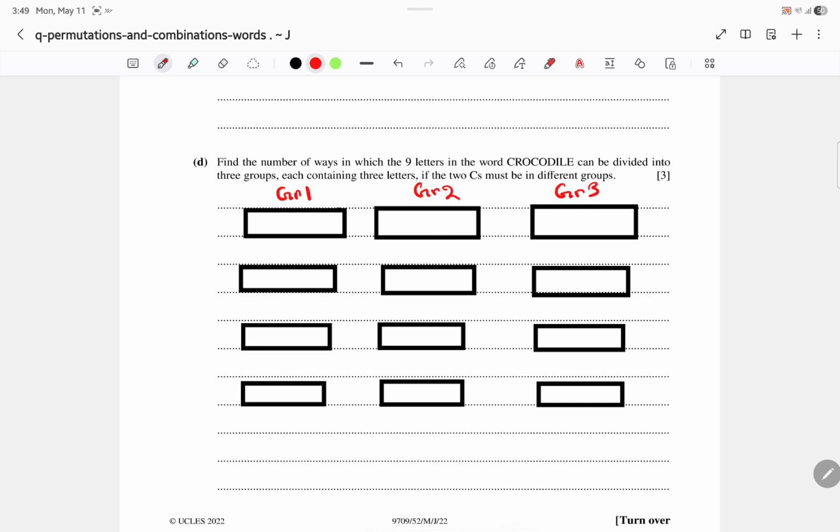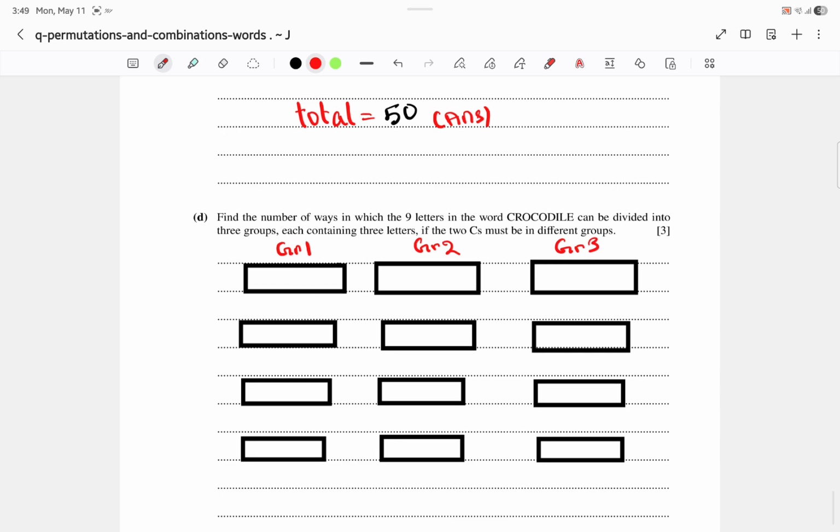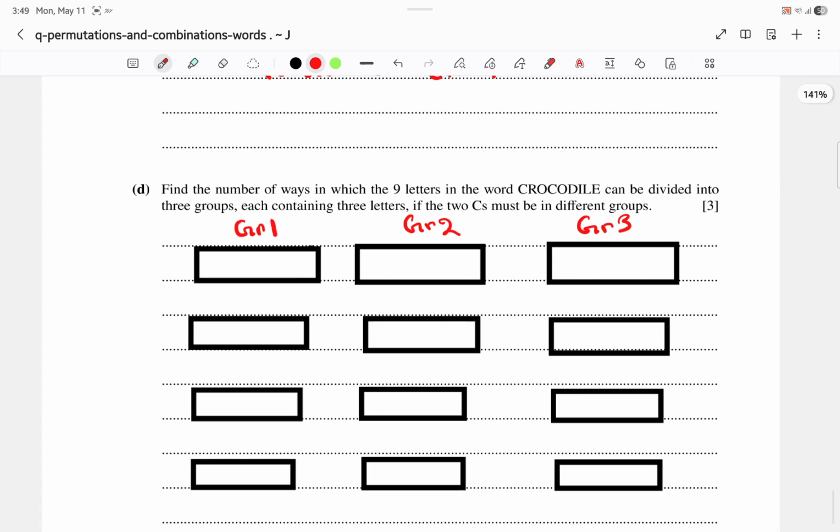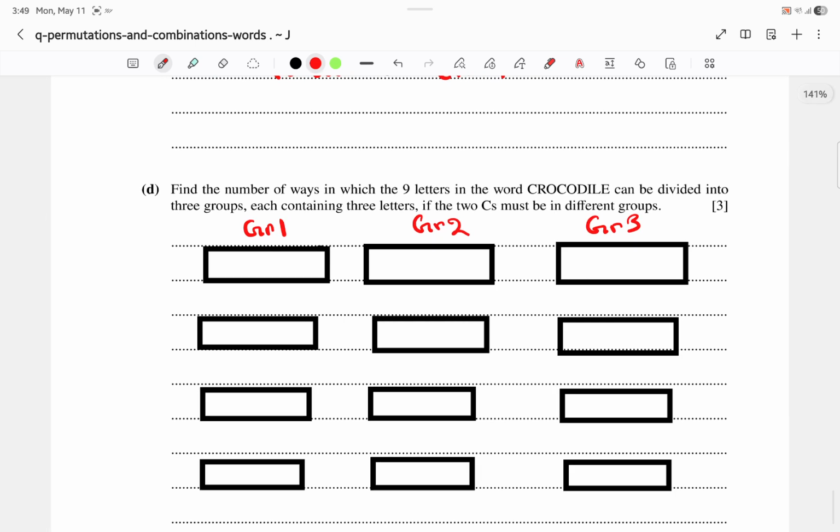Okay, so since in combination you actually have to consider all the identical letters, even if the condition here is about C, you have to also consider O there because they're the same letters, and you cannot have double counting. So you're also going to consider C's and O's, right?